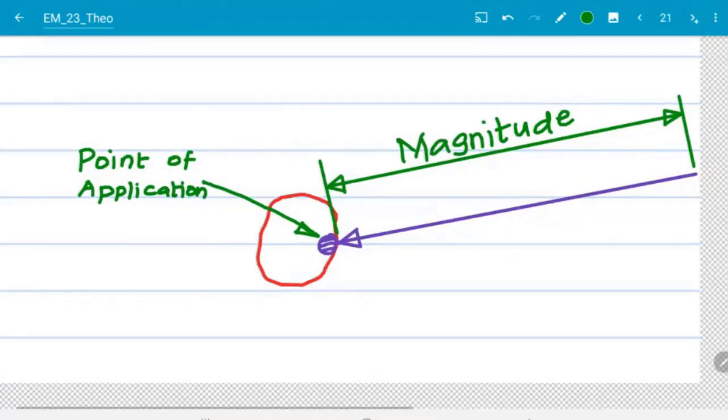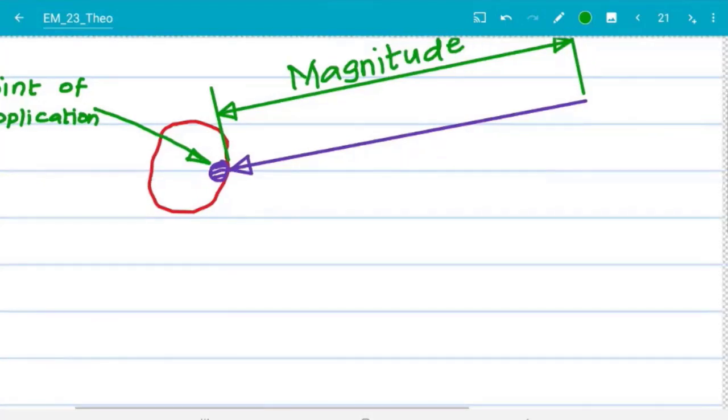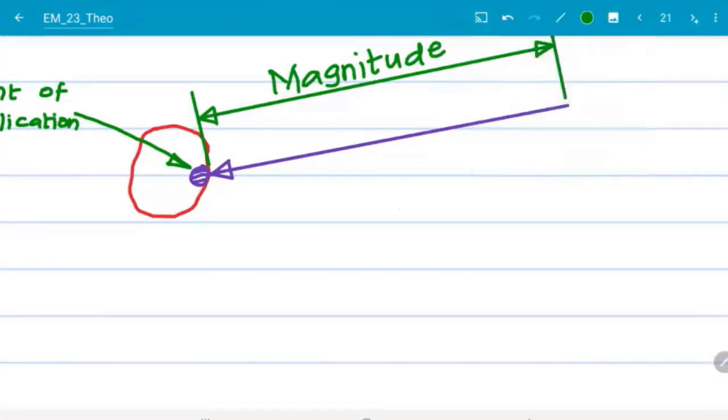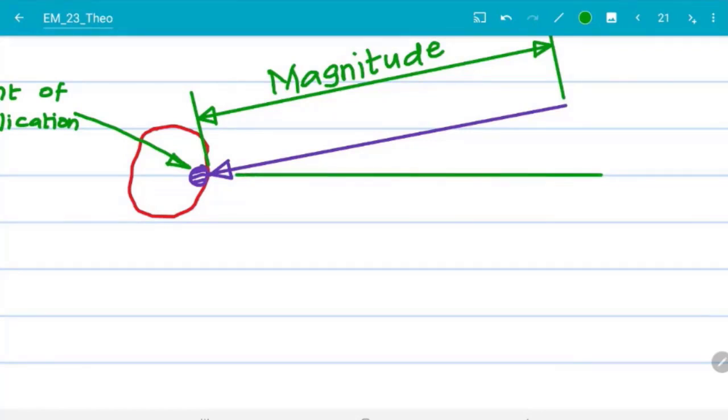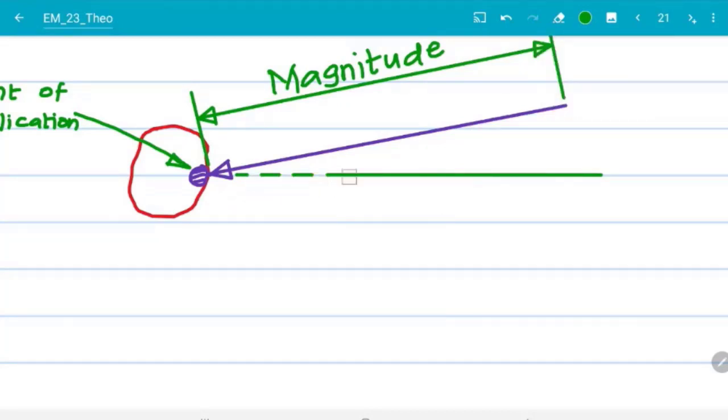Then another very important information is orientation. Right. So orientation is represented by theta.